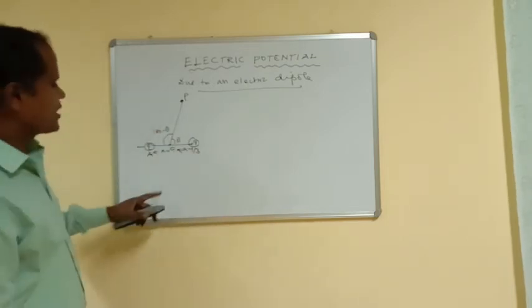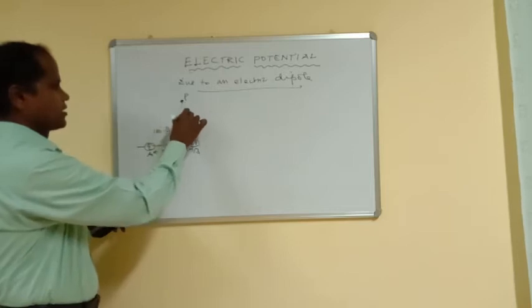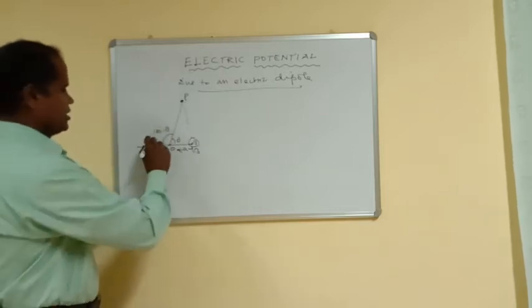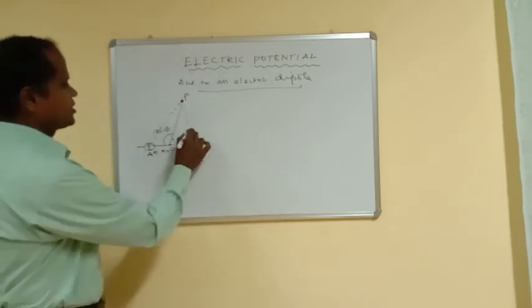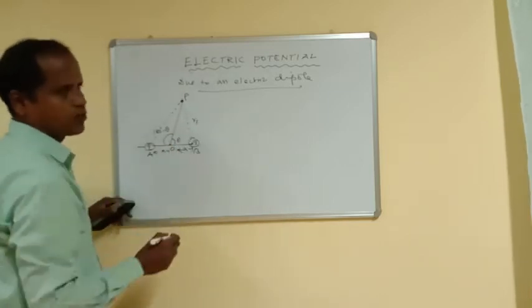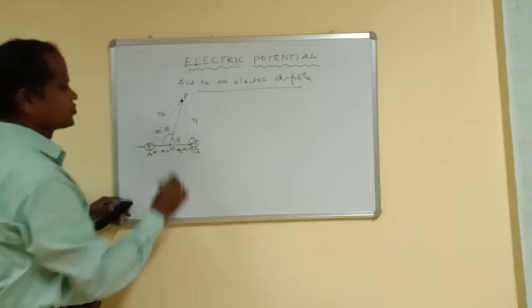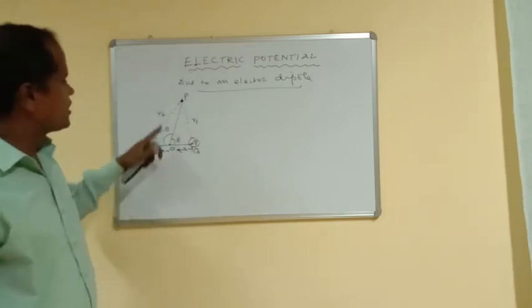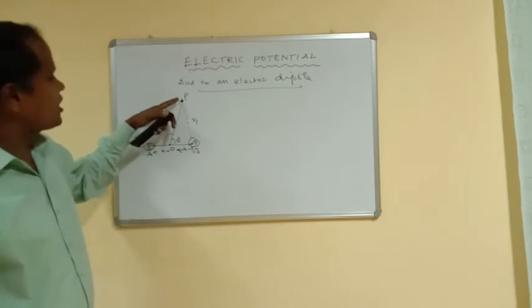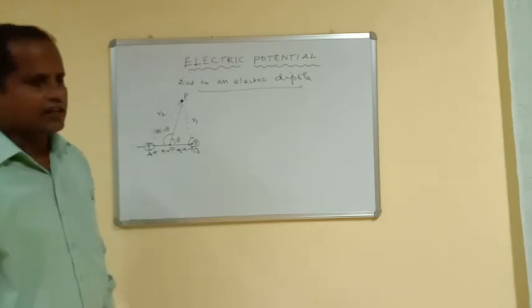Now join BP and join AP. Take this distance as R1 and this distance as R2. Our purpose is to find the electric potential at this point due to this electric dipole.